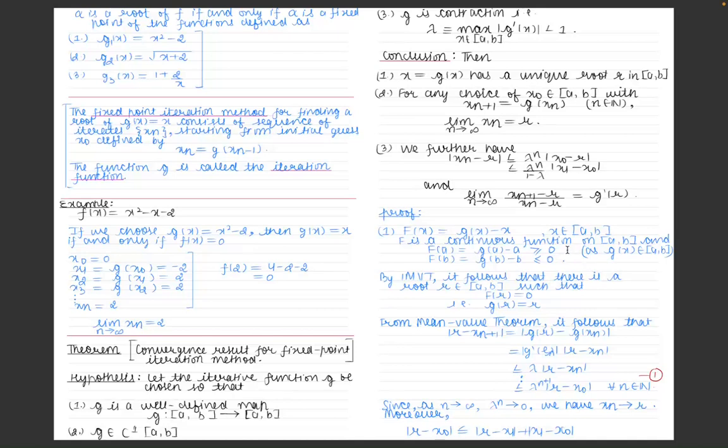And thus you see that this will have a linear convergence, that is, (x_{n+1} minus r) upon (x_n minus r) is actually g prime r.